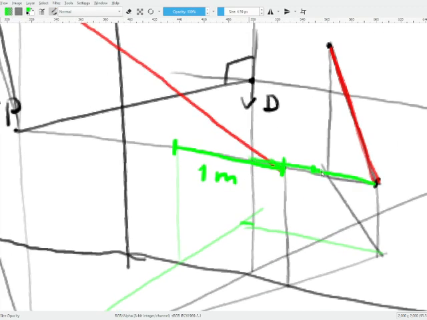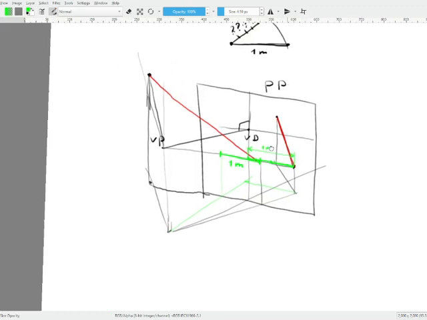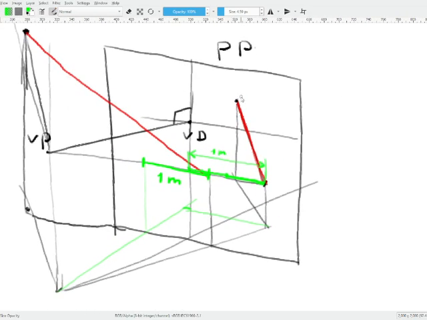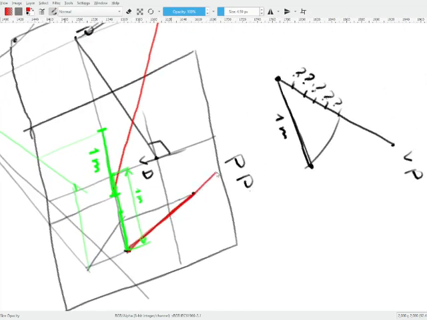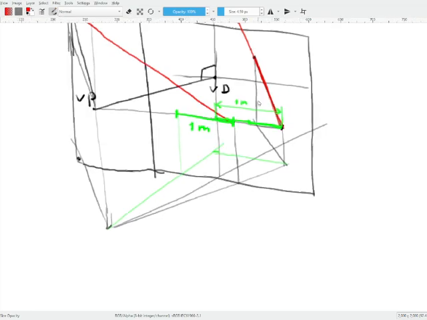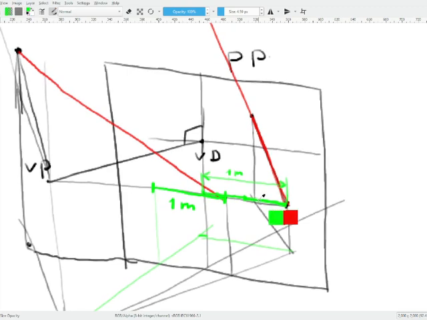So we have a 1 meter long line there. And we want to move this length to the red line, which goes indefinitely toward the vanishing point. So how are we doing it? We do it in the following way.